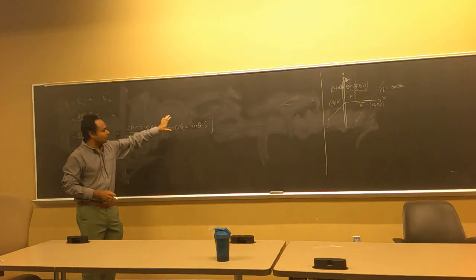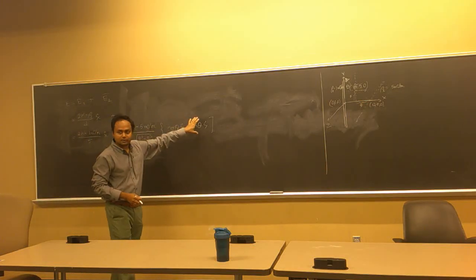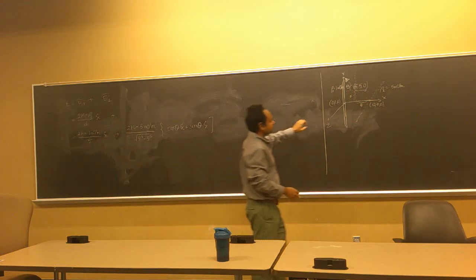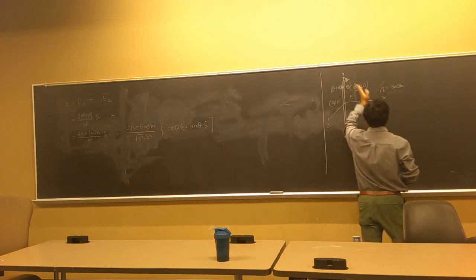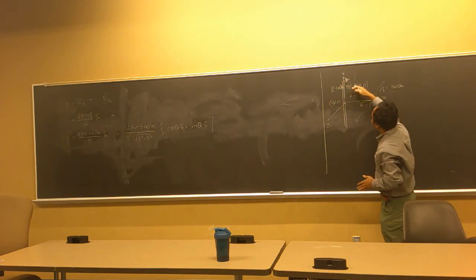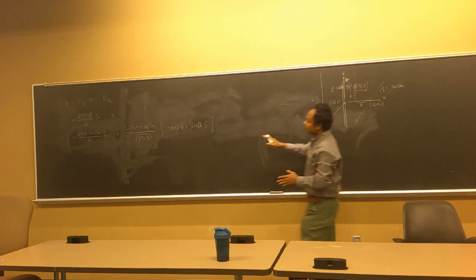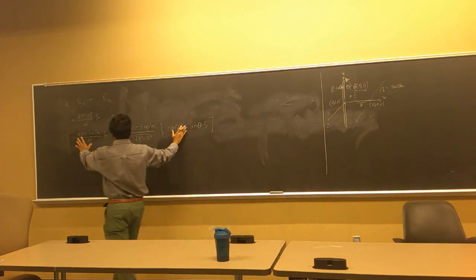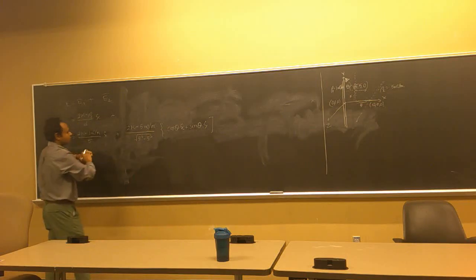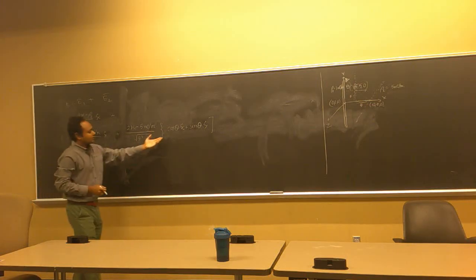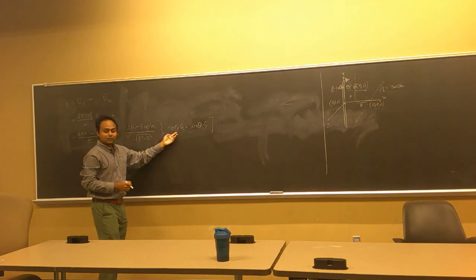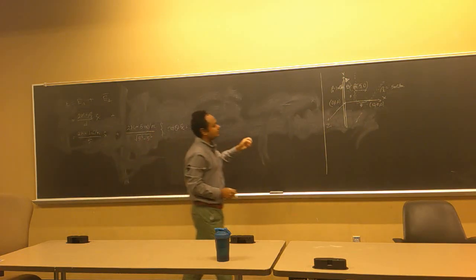Is everyone up to this point? Is everyone following what's going on here? We're trying to find the x-axis component and the y-axis component of the electric field so that we can algebraically add both E1 and E2. Okay? So now the challenge is how to find the corresponding angle theta.